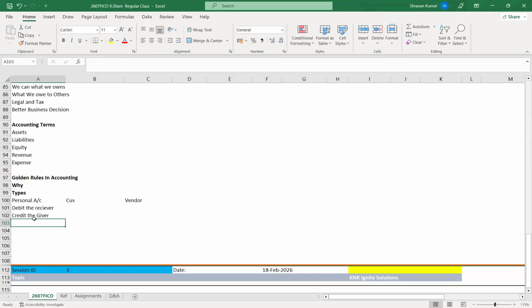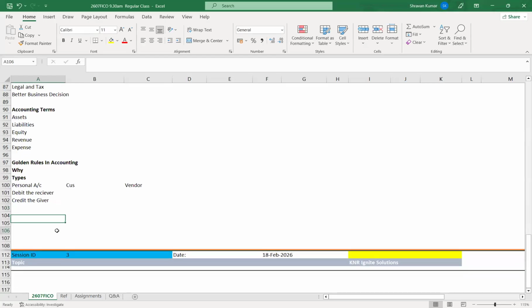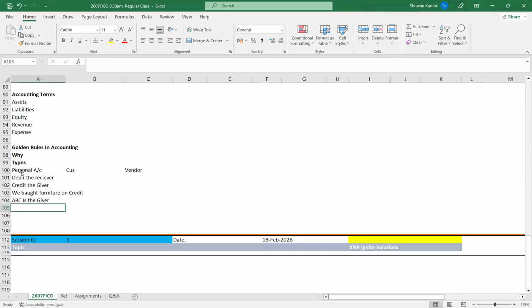Now let's understand the personal account with an example. Suppose we bought furniture for our coffee shop from a supplier, ABC supplier, on credit. According to the rule, ABC supplier is the giver, because he is supplying the furniture. So what will be the entry?